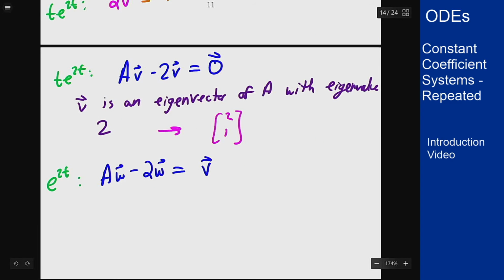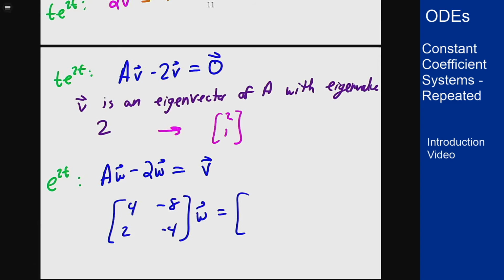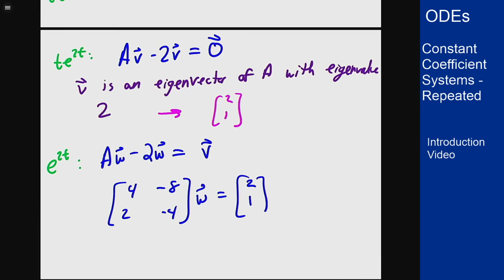So aw minus 2w is the matrix 4, minus 8, 2, minus 4 times w equaling v, where it has to be the exact same v from before, the vector 2, 1. So now I want to solve these equations here.